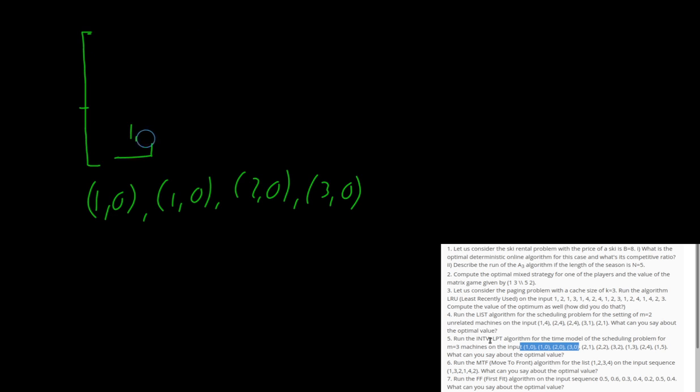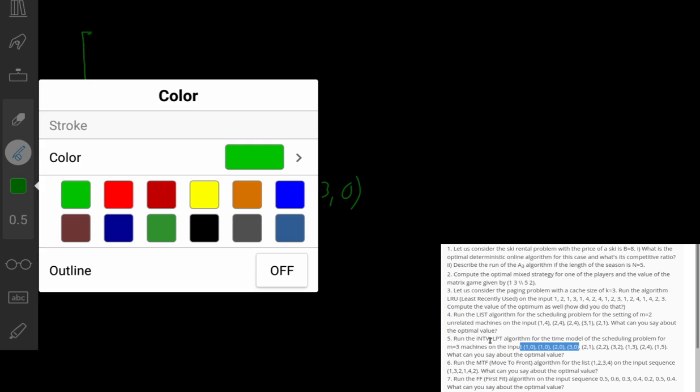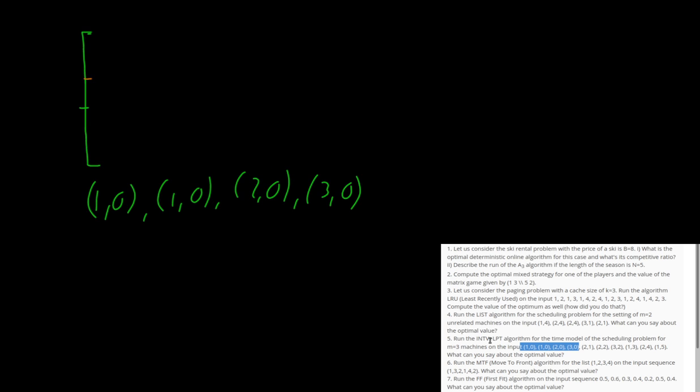So you have this bunch of available jobs. You always have to put them in decreasing order according to their cost, and use the list algorithm, the original list algorithm, for scheduling them onto machines.